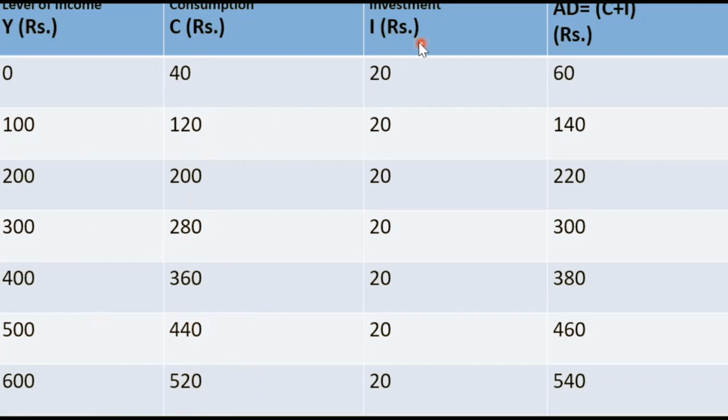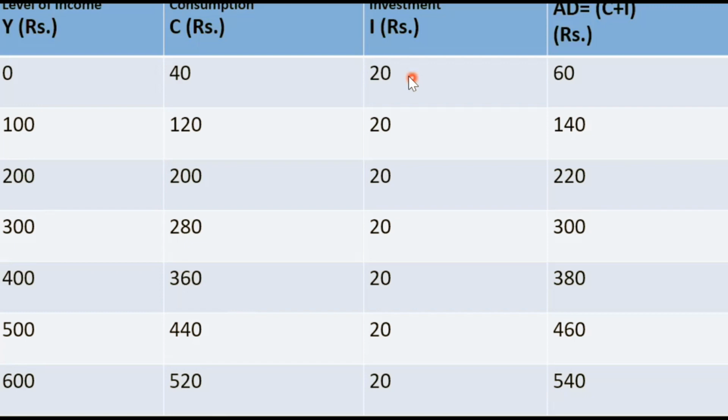Now let us come to the third column, investment. Here, investment at the first level of income 0 is 20. We assume in a two sector economy that investment is autonomous. Now, what does this autonomous mean? I have just told you. Autonomous means which remain constant, fixed.